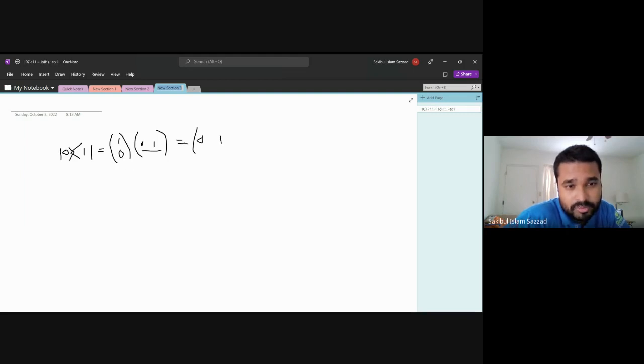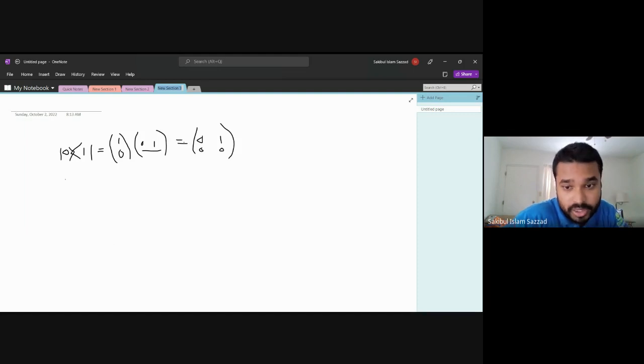I will do the same thing for the other entry: I will multiply the whole row by this 0, so I will get 0 and 0. So this is the 0 1 outer product.